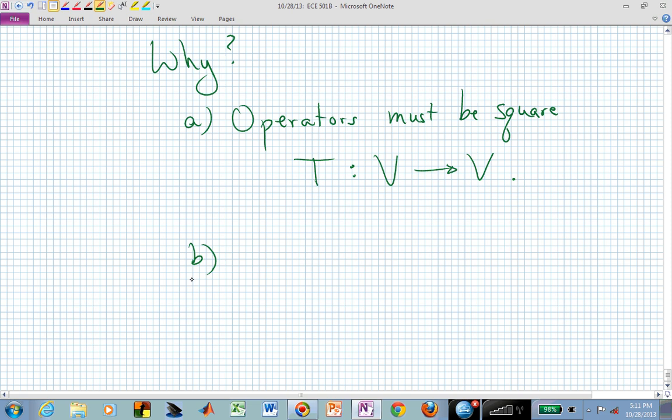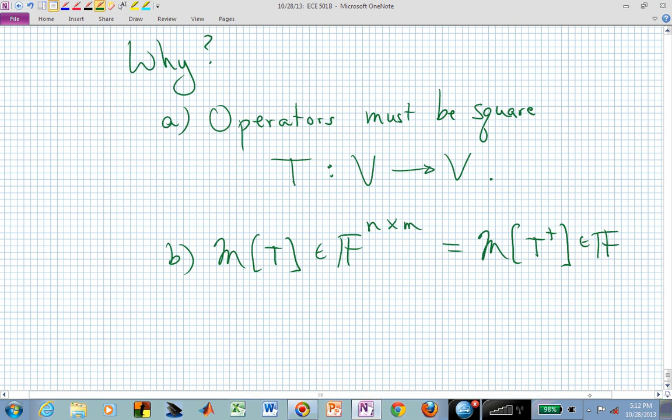Also, if I took the matrix representation of T, and let's just say that was some n by m operator, then what do we know relative to the matrix representation of the adjoint? What's it belong to? What's F? That's m by n, and so that can't be equal, can it?